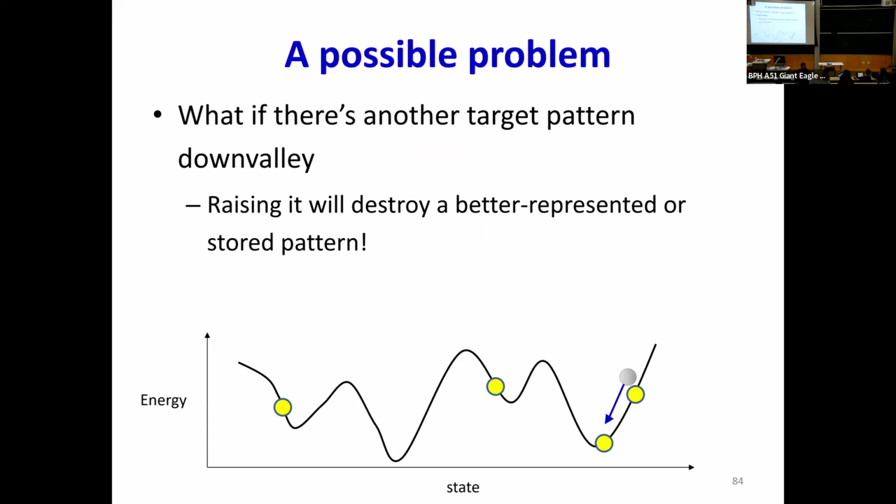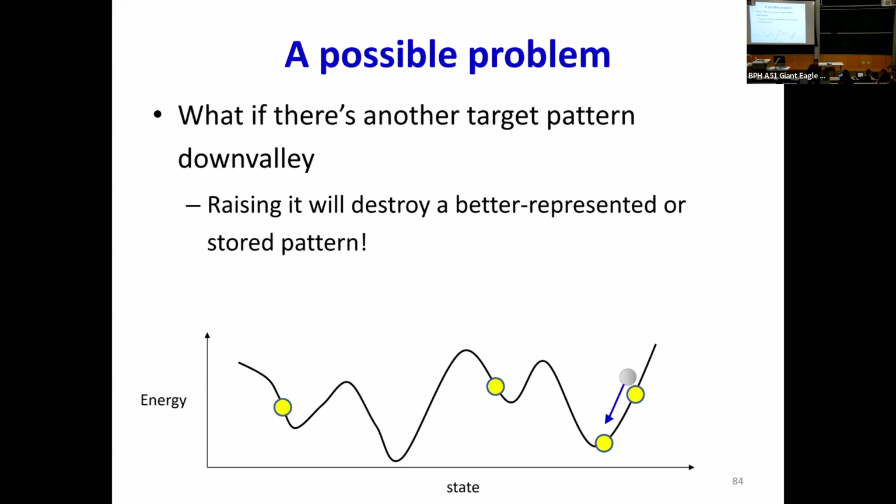So when I'm performing SGD and I'm starting with one of my patterns and letting the network evolve, and I go to the local valley and then I pull it up, in the process, I may actually end up pulling up a pattern that I'm actually trying to store, right? So how do we avoid this? How do we make sure that you're only pulling down the energy for the pattern that you're trying to store, and not inadvertently pulling up the energy at other patterns?